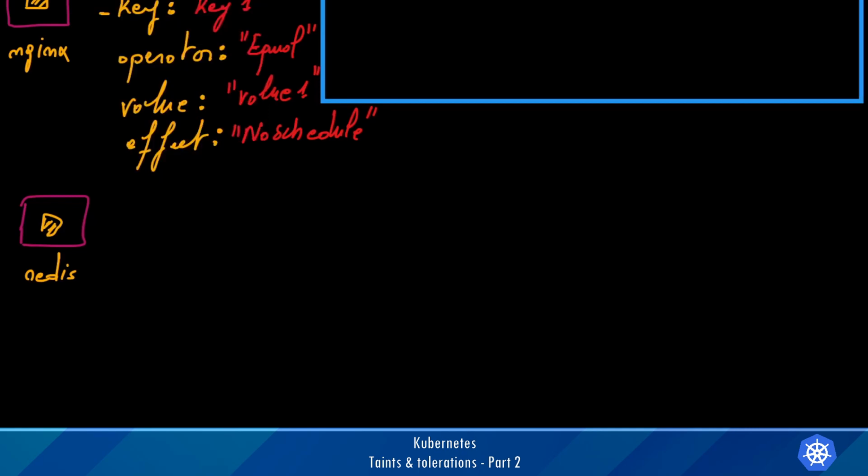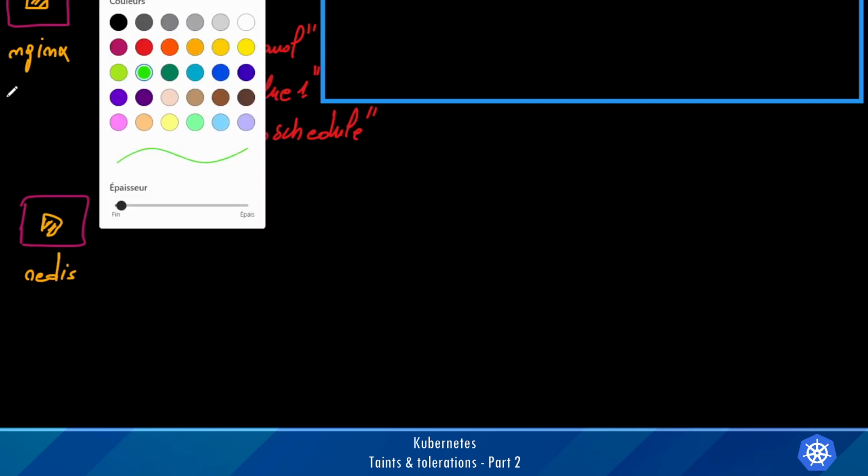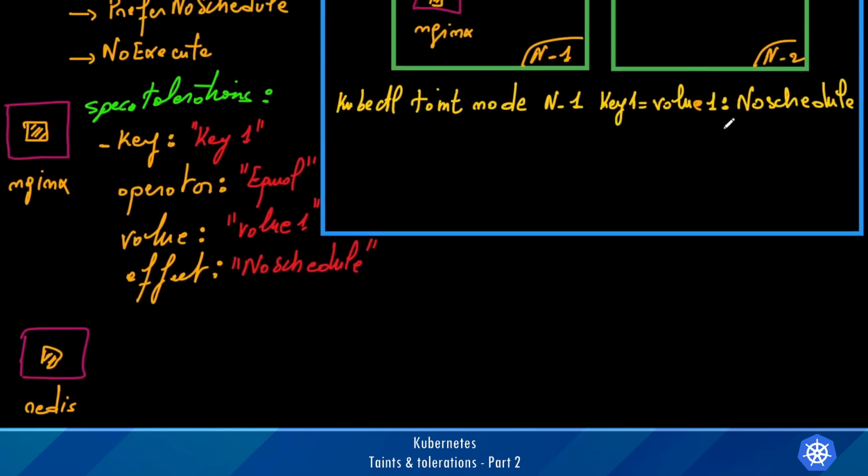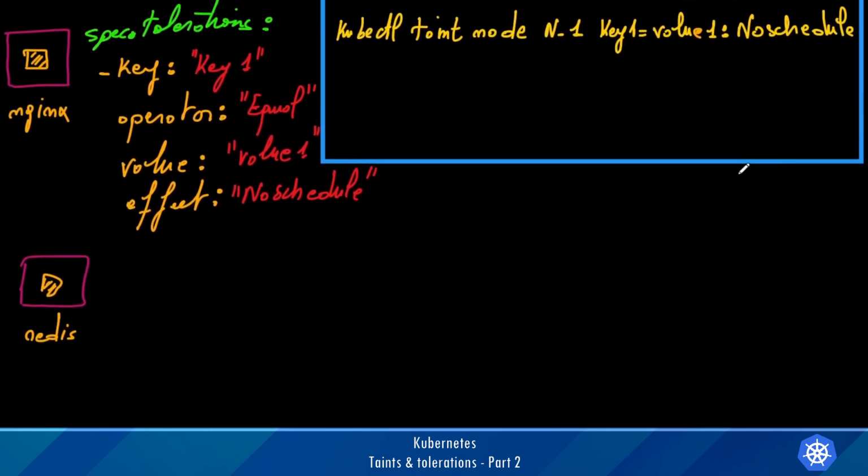Let's say that we want to tolerate the taint set on the first worker node, which is this taint. So here we should do the same thing as we did with the Nginx pod. Here in the spec.tolerations, we tolerate taints.